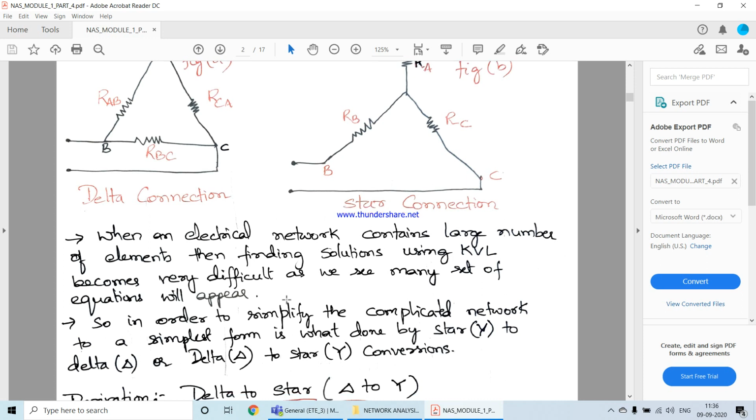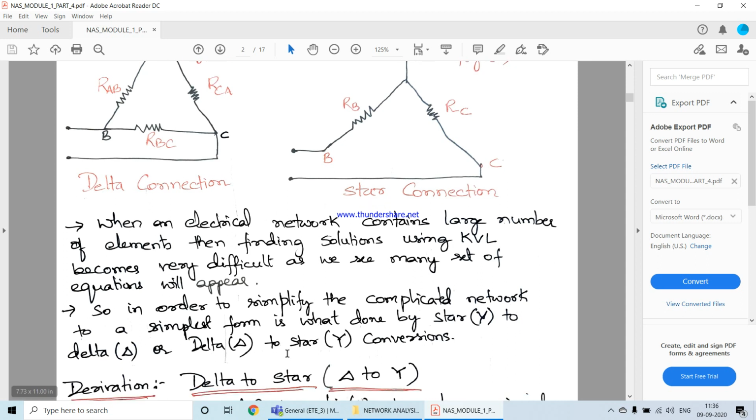So we need to look into the simplest method, so that the simplification becomes very simple. In order to simplify the complicated network to its simplest form, star delta or delta star conversion is used.